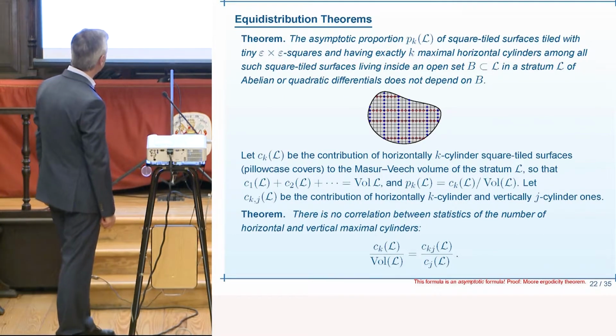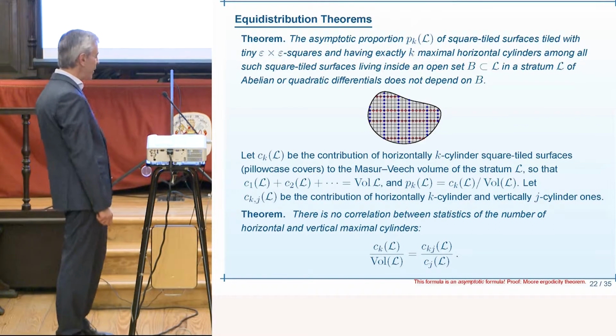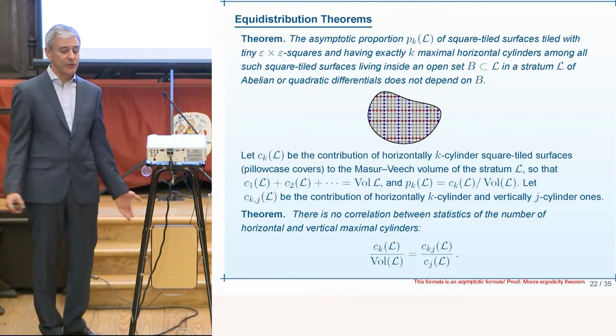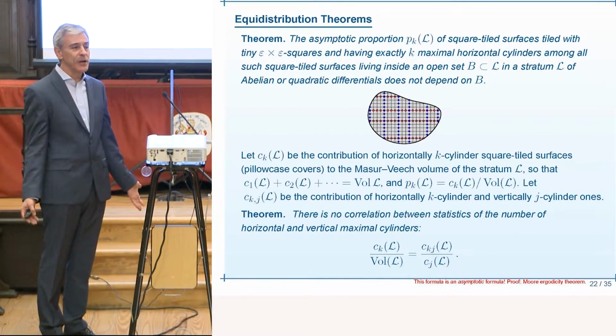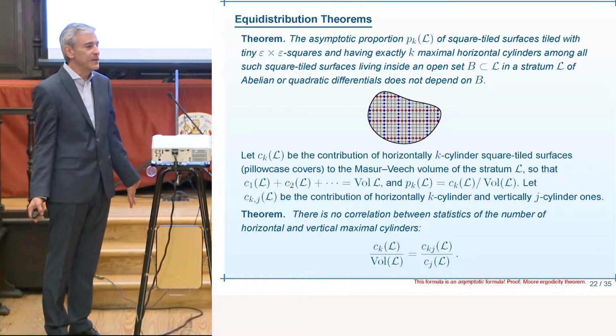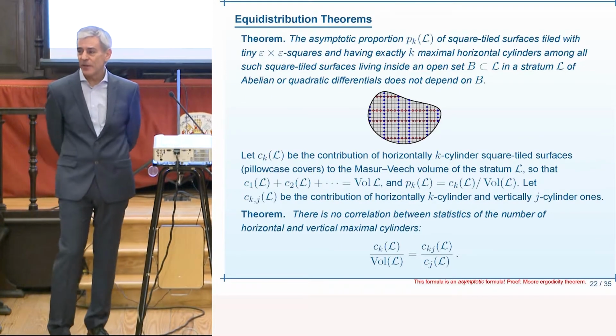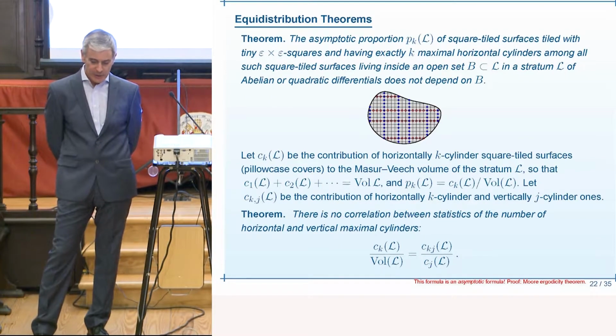And the second statement is the following. If we consider vertical directions, we'll also have cylinders. We'll have not horizontal cylinders, but vertical cylinders. And the statement is that the numbers of cylinders, in a sense, do not correlate.